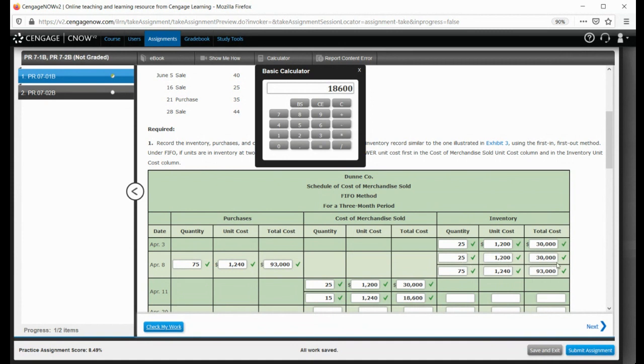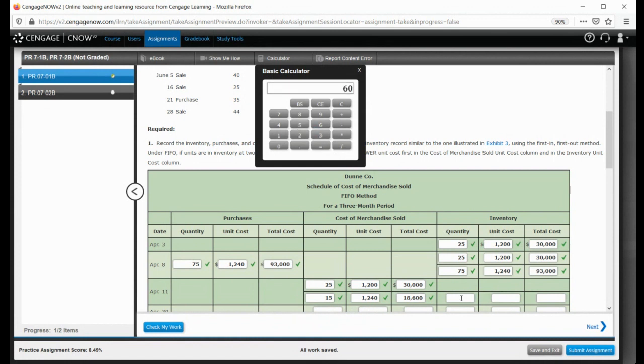We sold this entire layer, so we're drawing 15 units from the 75 units that we had on hand at April the 8th. So what we have left here is the difference between 75 units and 15 units. So I'm going to put 75 units in my calculator. I'm going to subtract 15 units from that.